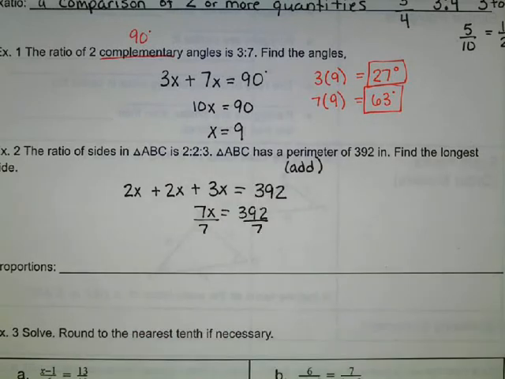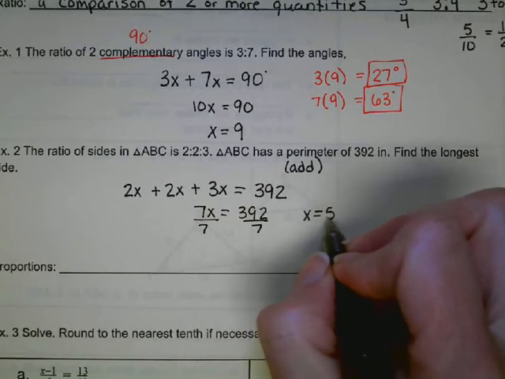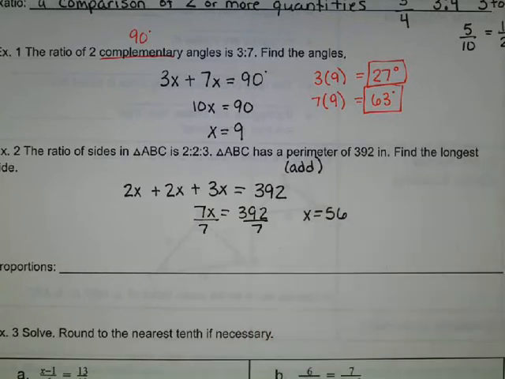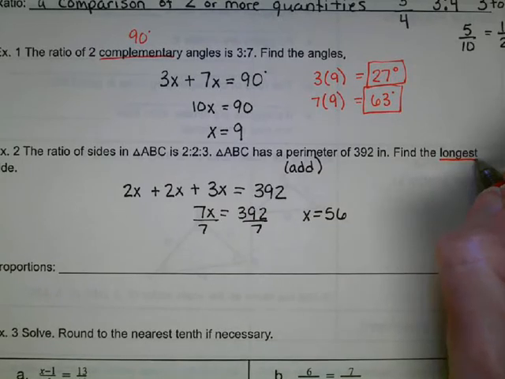Divided by 7. 392 divided by 7 equals 56. So 56 is what they were all multiplied by from 2, 2, and 3. So to find the longest side, well, the longest side has to be the biggest number. So that would be 3.